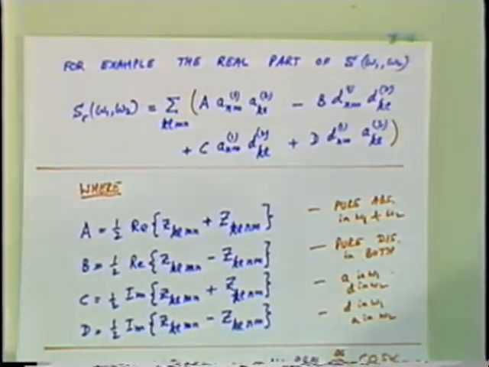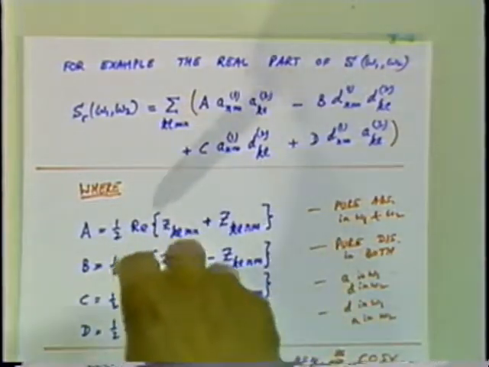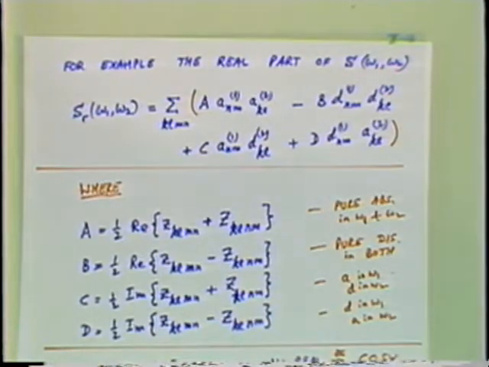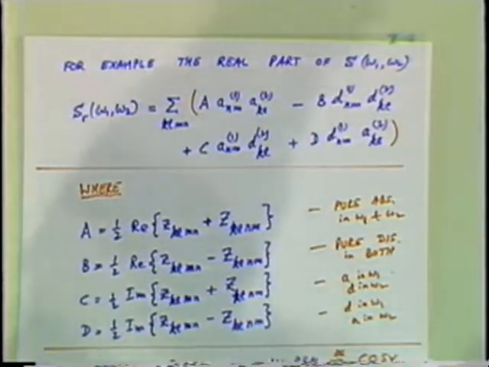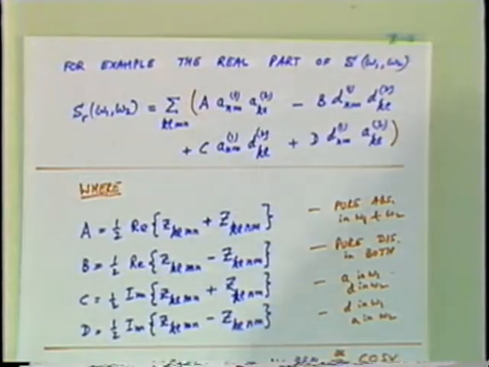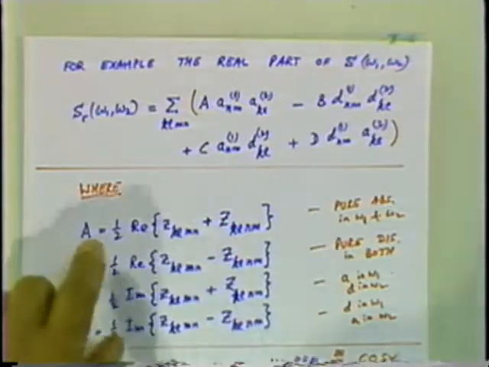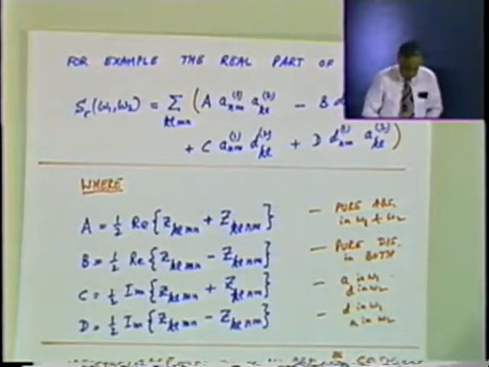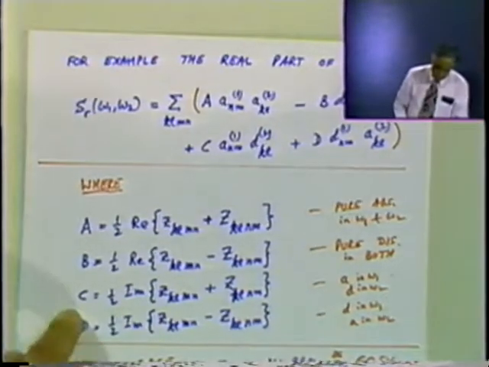So I just pulled out the real part from the previous expression, and this then defines the coefficients A, B, C, and D. Okay, and so if I have a spectrum and I take the real part of ZKLMN and ZKLNM, that is the frequency in plus omega 1 and minus omega 1, add them together, and there I get A. I subtract those two amplitudes, I get B. Okay, and then so on. And then the imaginary part, I get C and D.